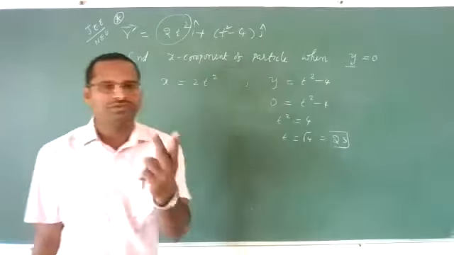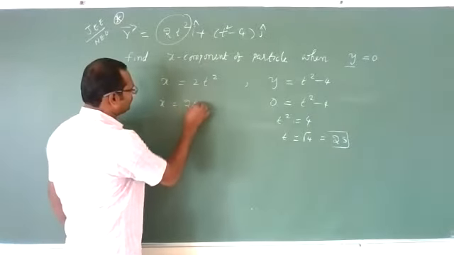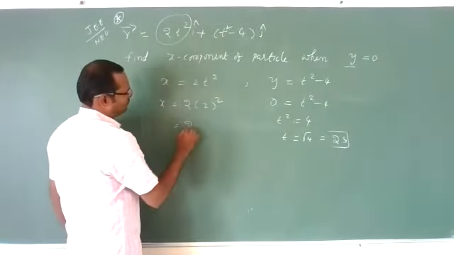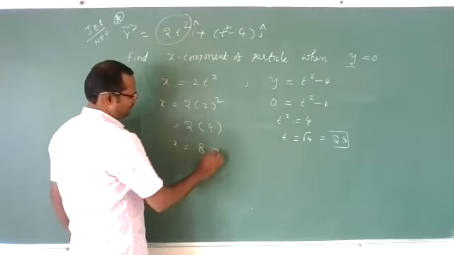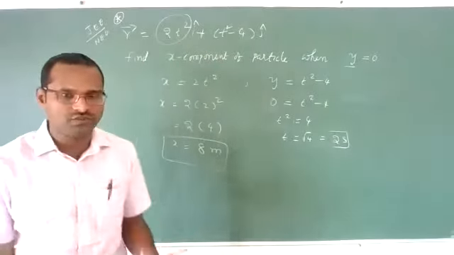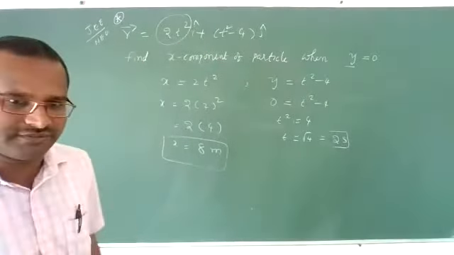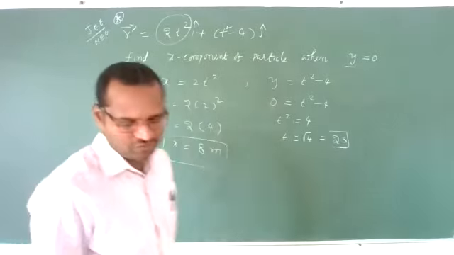Substitute here: x is equal to 2 into 2 square, which is 2 into 4, so x is equal to 8 meters, if it is in meters. Very simple question.